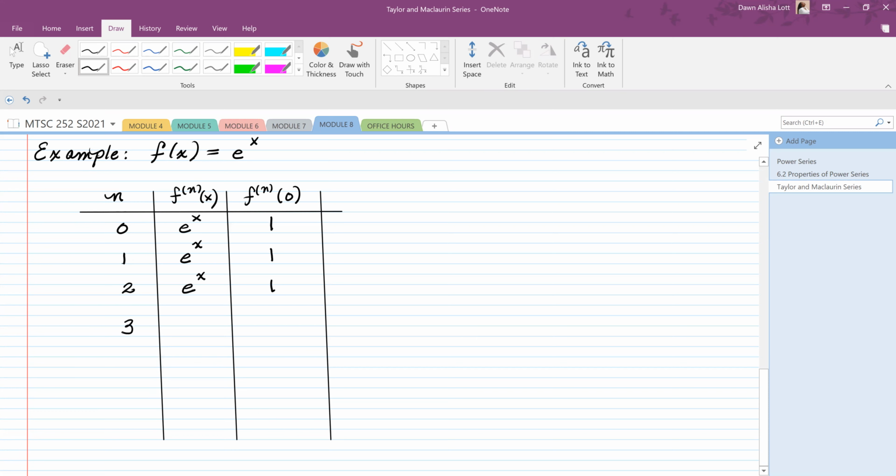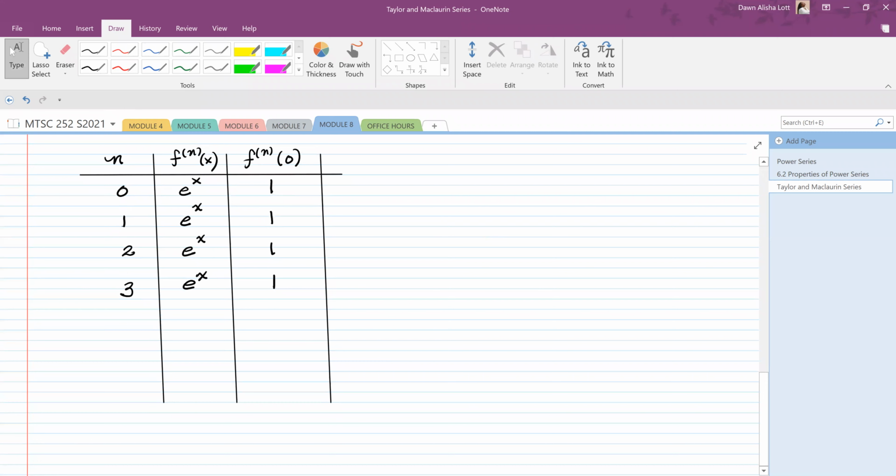When n is 3, I get the third derivative. Well, that's going to give me e to the x. And when I evaluate that, that gives me 1. So now I can see a pattern. I don't know if you can see a pattern, but I can see a pattern. So if I go down here and I get to the actual nth derivative, unless there's a freak of nature, the nth derivative of this function is still going to be e to the x.